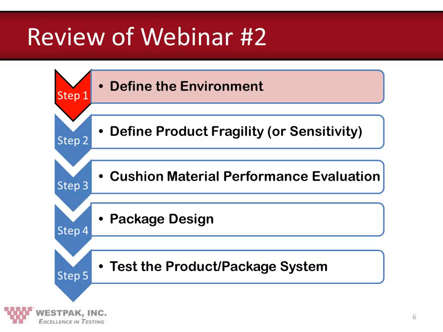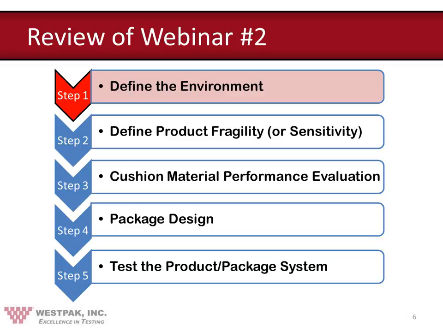So take, for instance, you have a single parcel package versus a pallet. Single parcel package will obviously see more impacts than a pallet, and so you have to design accordingly. The pallet itself will see its fair share of impacts, but it will definitely be less. But they'll just see different types of hazards. So when you define the environment, you're quantifying the severity of each input.